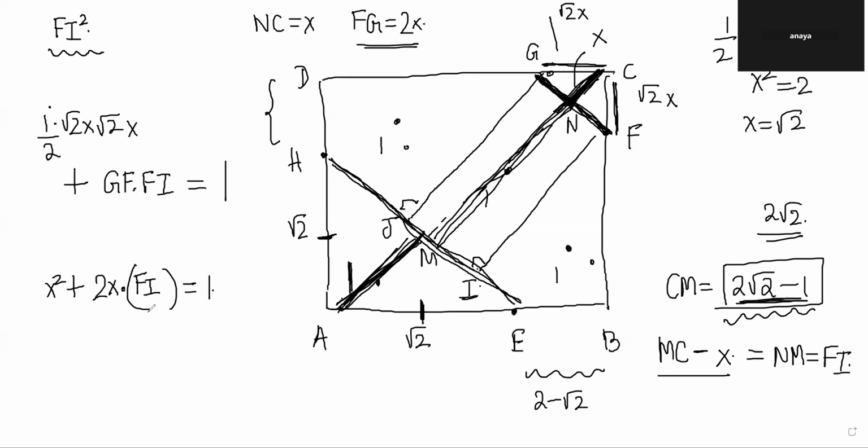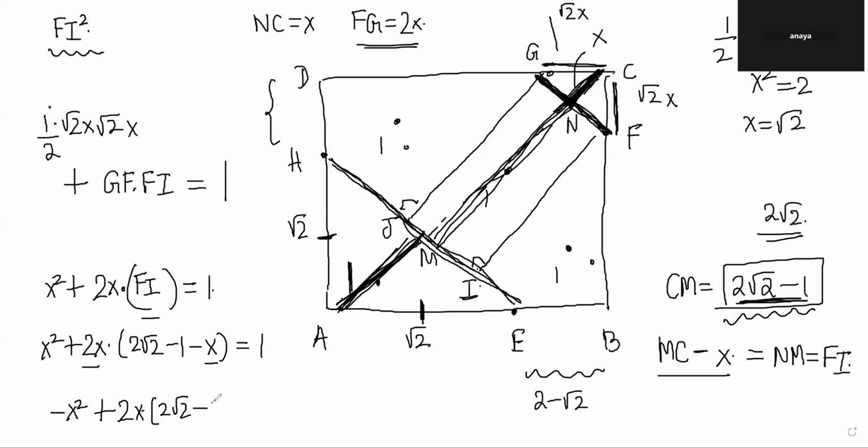So instead of this FI, I can write 2 root 2 minus 1 minus X, right? Now I get a quadratic equation in X, correct? So here we'll get minus 2x square. So it will become minus x square plus 2x into 2 root 2 minus 1 minus 1 is 0, right?